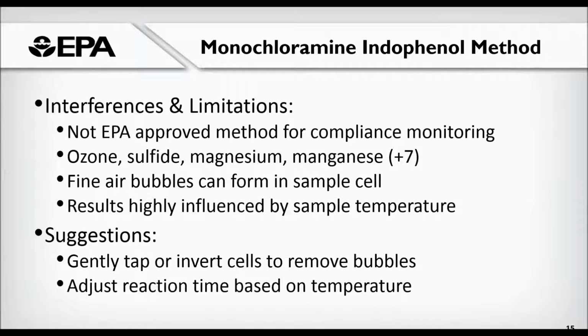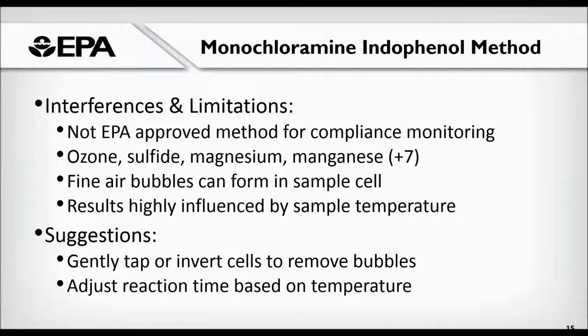So next is the monochloramine endophenol method. This method is similar to the free chlorine endophenol method, or it uses some of the same chemistry, so it's also prone to some of the same interferences. However, this method specifically measures monochloramine residual as opposed to total chlorine, which some systems that chloraminate use.